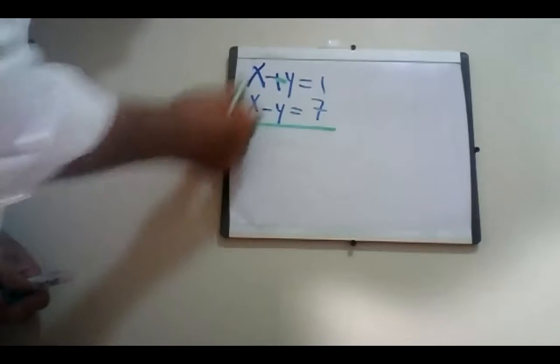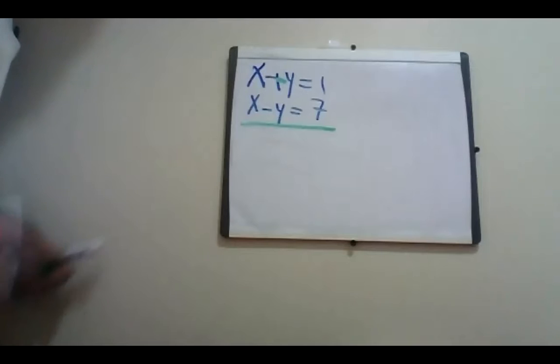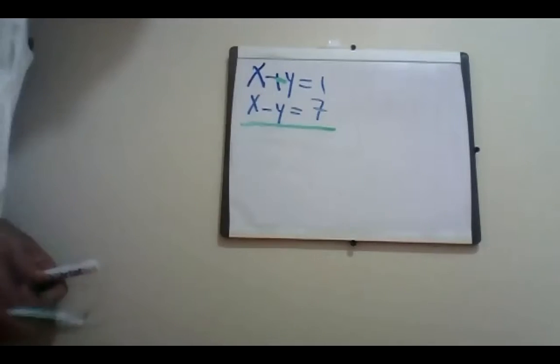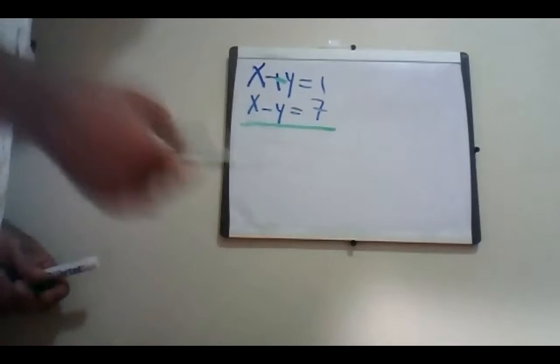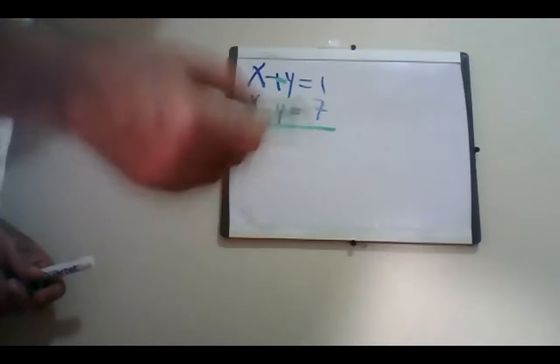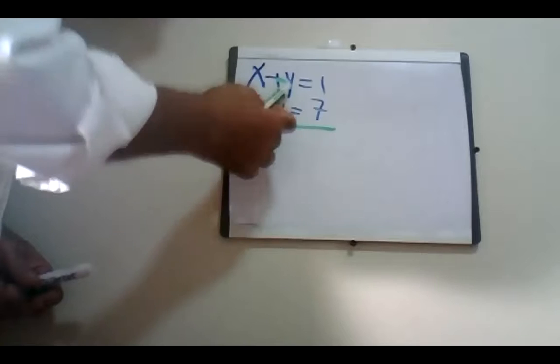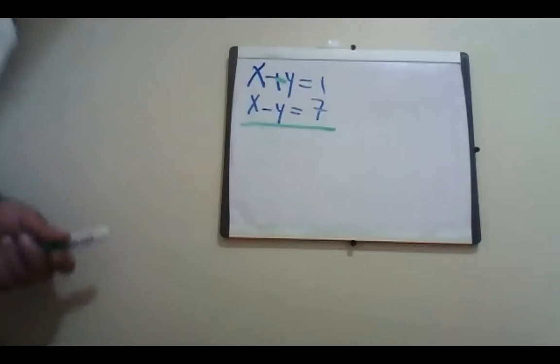So both the variables x and y are the same. Even if they are not the same, I have to get rid of one of them in order to solve the equations. The first step to solve any equation is to get rid of x or get rid of y. That's what I'm doing.